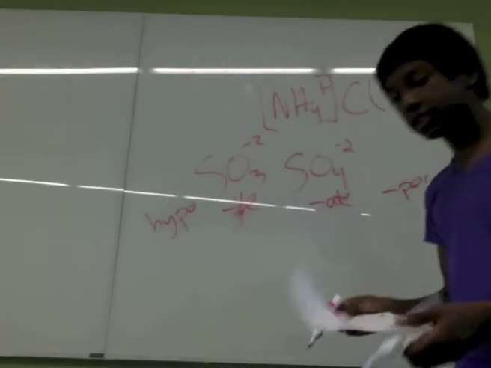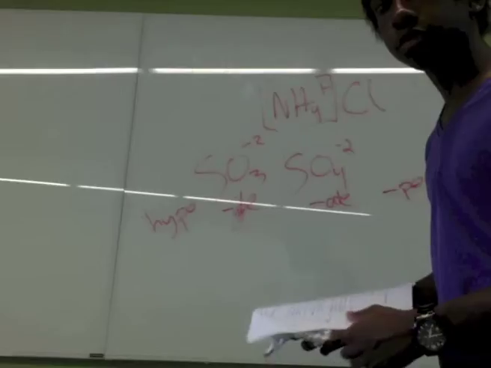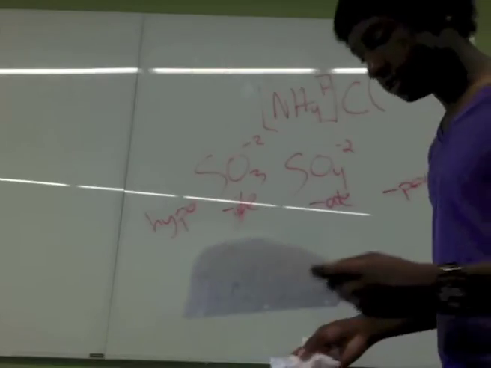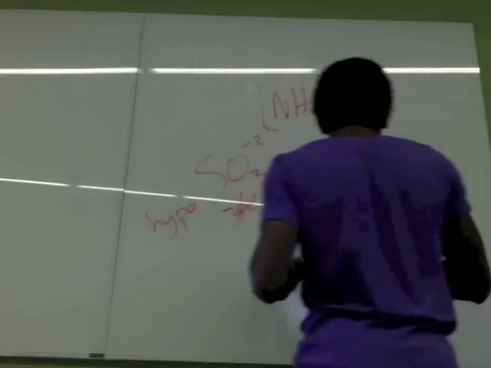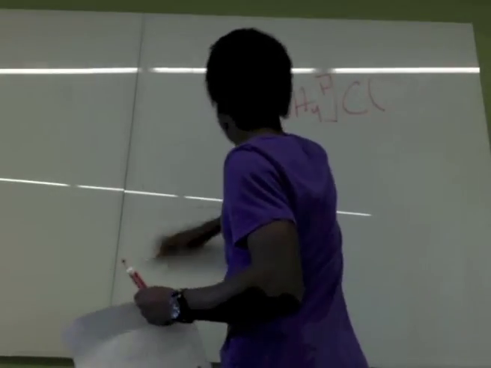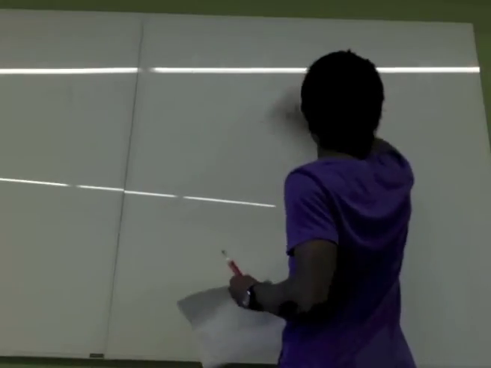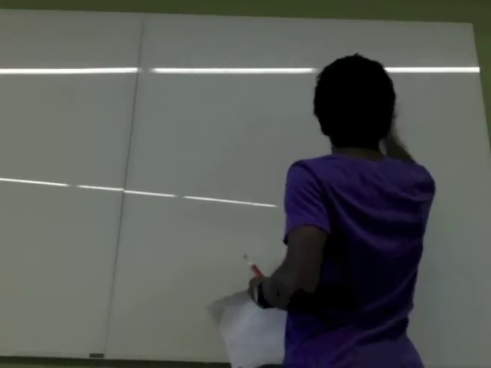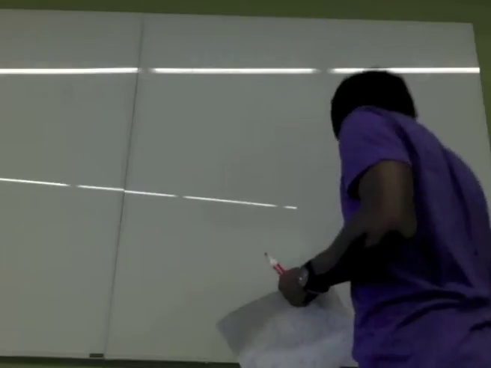And then the last nomenclature rule is covalent bonds. Covalent bonds use prefixes, usually very intently.